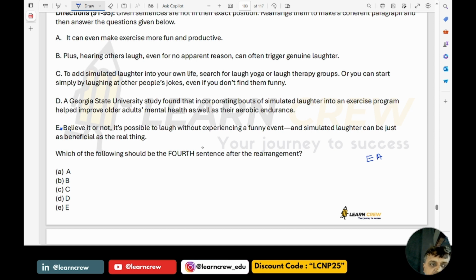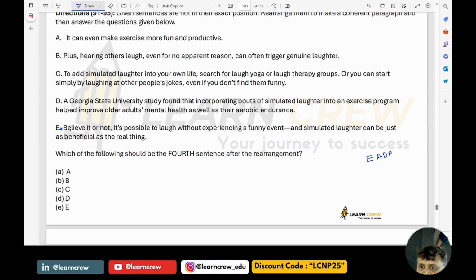Then after that, a Georgia State University study found that incorporating bouts of simulated laughter into an exercise program helped improve older adults' mental health as well as their aerobic endurance. So EAD. Then plus hearing others laugh, even for no apparent reason, can often trigger genuine laughter.